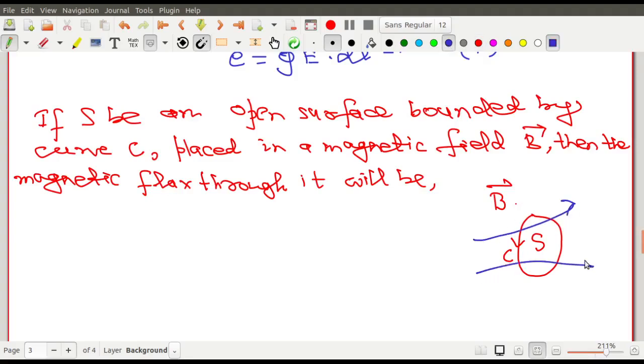What is the flux of magnetic field crossing this particular surface? It is integration of B dot ds. Understood?